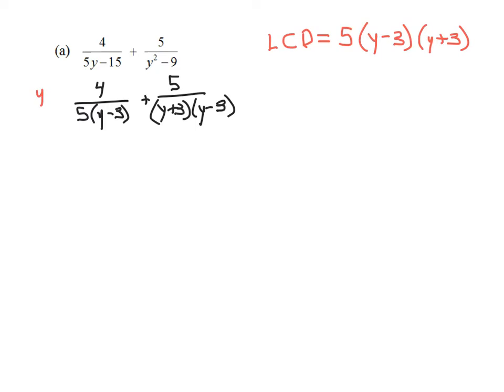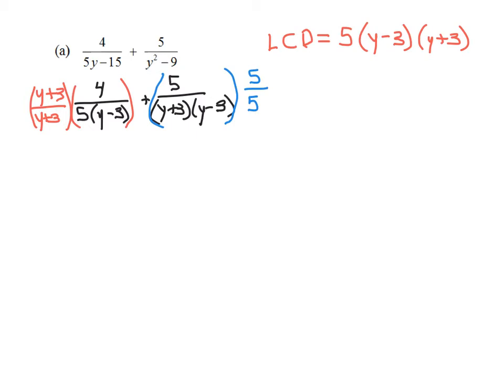So I'm going to multiply the numerator and denominator both by y plus 3. And it's going to look something like this. The second fraction already has a y plus 3, already has a y minus 3. The only thing it's missing is that factor of 5, so I'm going to multiply the numerator and denominator by 5.